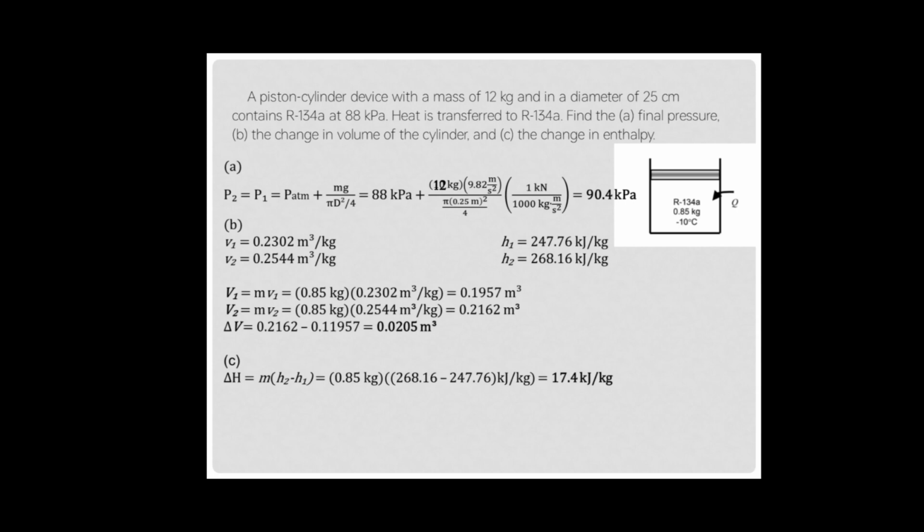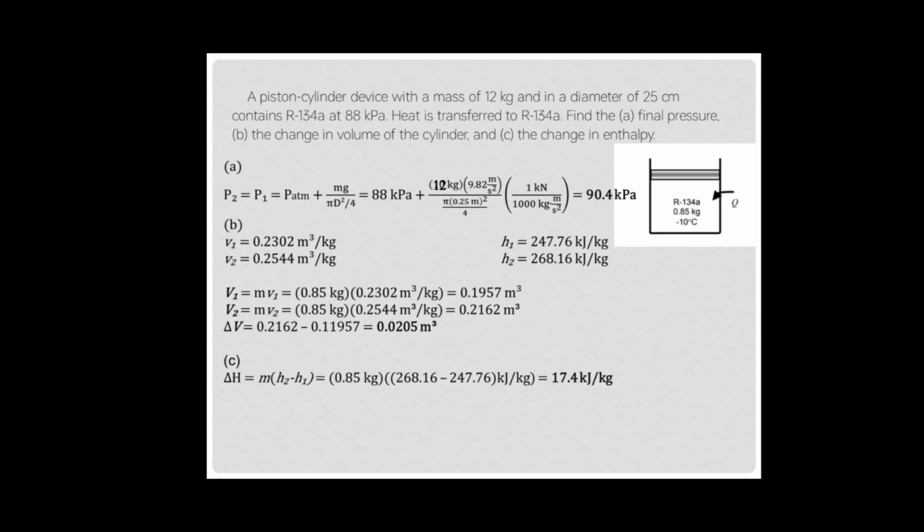Now the final volume is equal to 0.85 times the specific volume of the final state, 0.2544 cubic meter per kilogram. Cancel the kilogram, and it is equal to 0.2162 cubic meter.